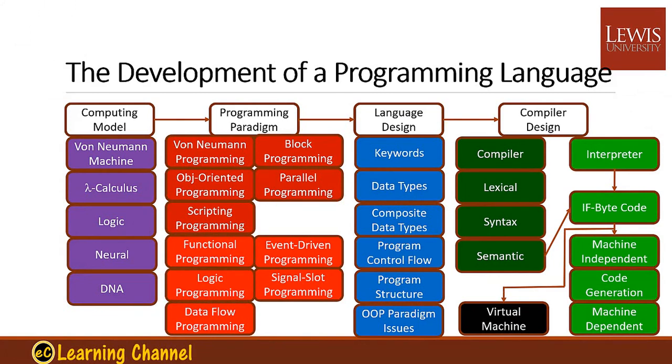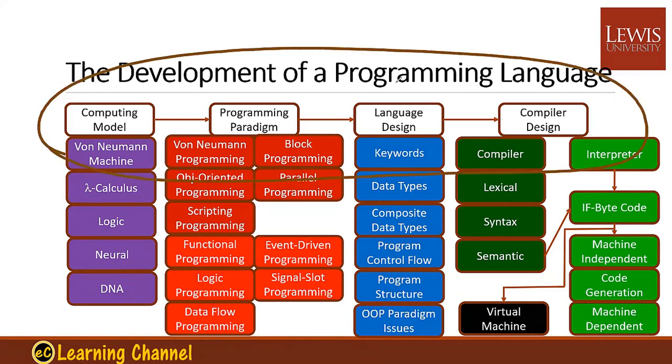Then you try to come up with a programming paradigm based on the model. And then you design a language by providing the keyword type, composite type, control flow, program structure, object-oriented programming paradigms, and then generic programming, and then functional programming, whatever language structure. So for us, studying programming language, we pretty much study almost the whole thing.